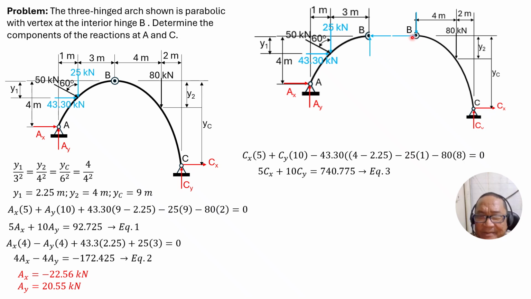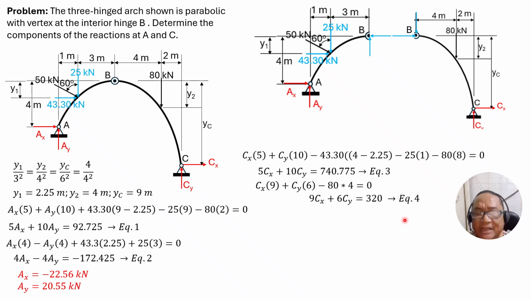We sum up moments about B equals 0, counterclockwise positive, so Cx times 9, plus Cy times 6, minus 80 times 4 equals 0. Simplifying, 9Cx plus 6Cy equals 320. Call that equation 4.